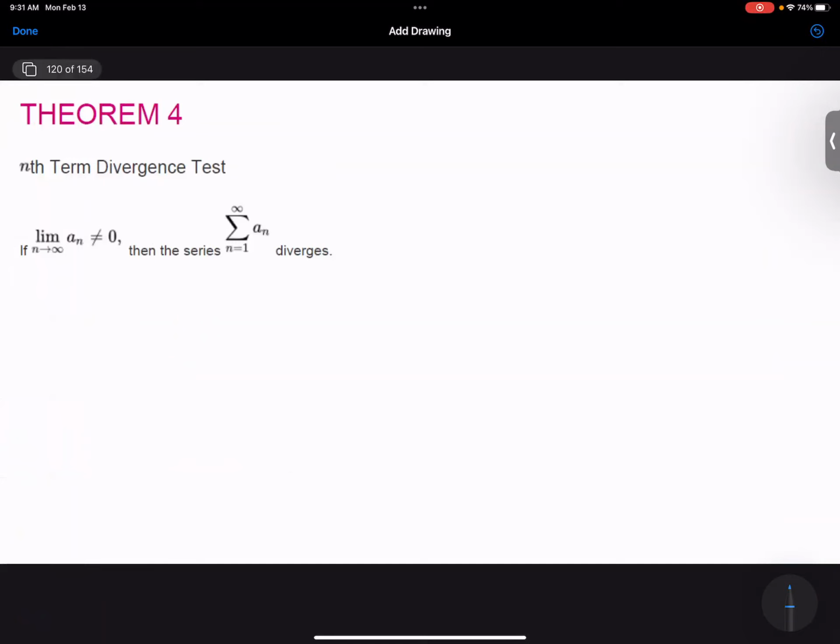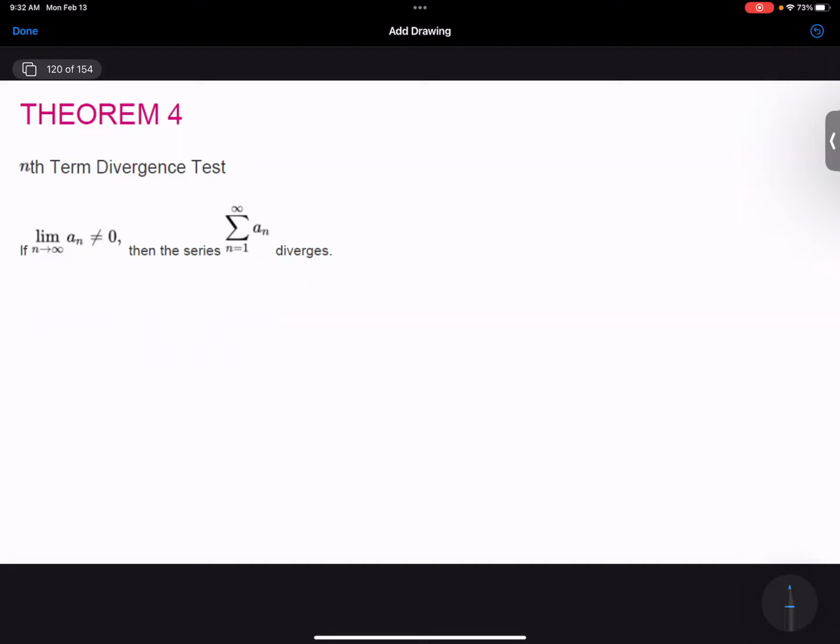Okay, so the nth term divergence test. If a_n does not go to 0, then the sum diverges. Does everyone agree that this is one of the of-course theorems? If I'm converging, as I add more and more terms, I should be stable. I shouldn't be moving that much.